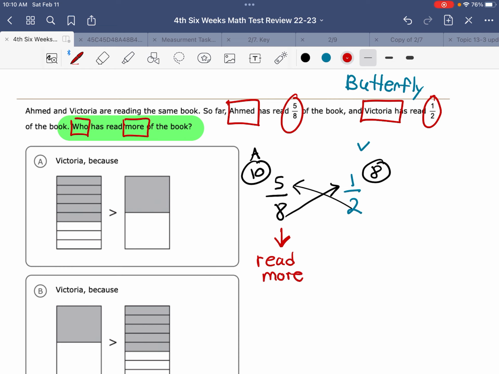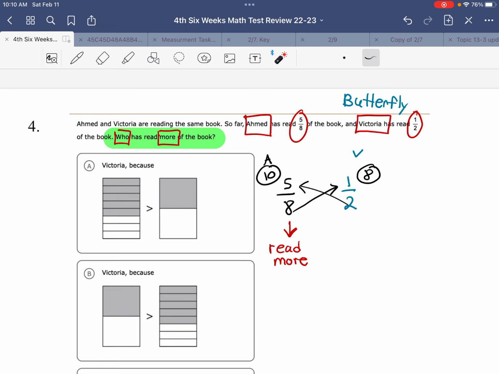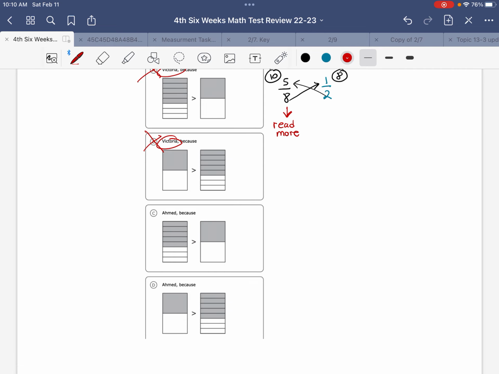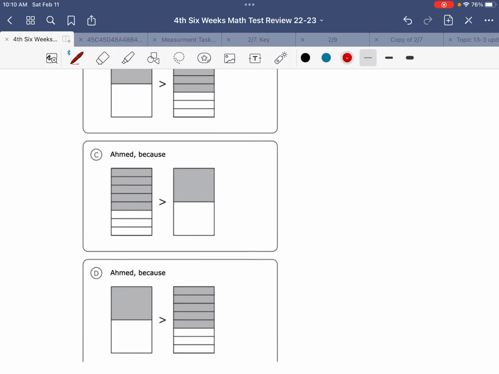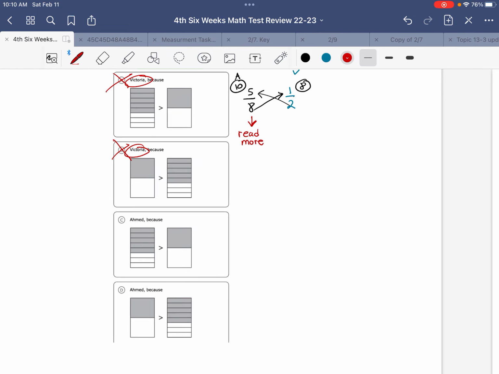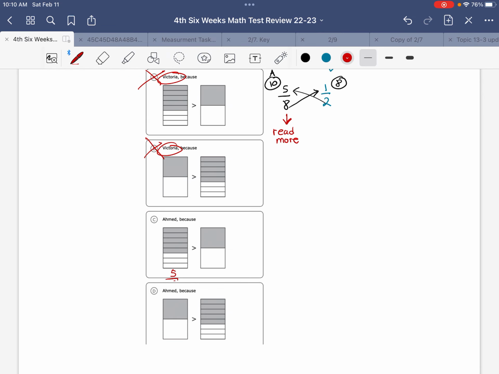Okay, so now when I go through my answers, I can say, okay, it has to be where it says Ahmed has read more. So I can already mark off A because it says Victoria. Can mark off B because it says Victoria. I'm down to C and D. Okay, it says Ahmed because, and then it shows shaded fractions. So for C, it shows 5/8, and it says that this one is bigger than 1/2.